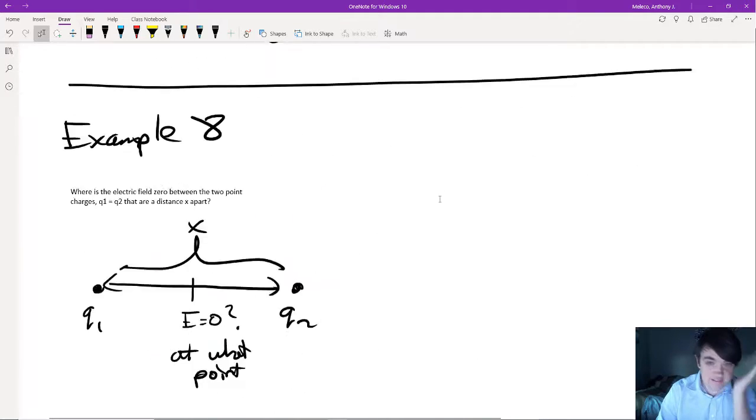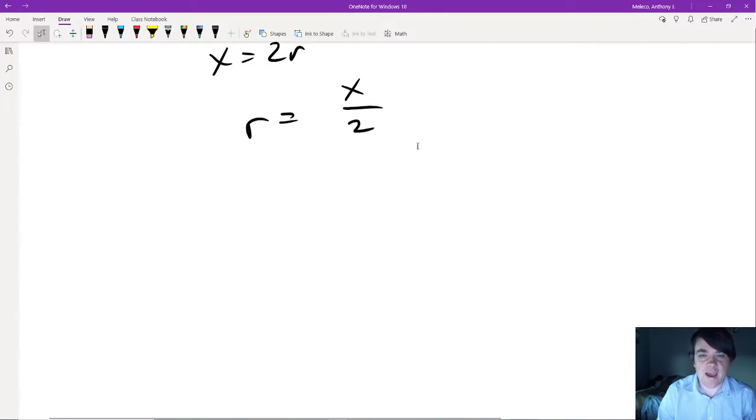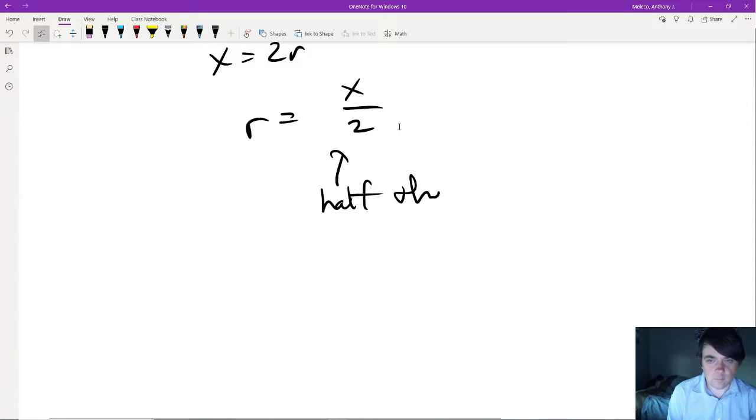So what does this tell us? x over 2 is half the distance. So the electric field will be 0 between two charges when they are the same.